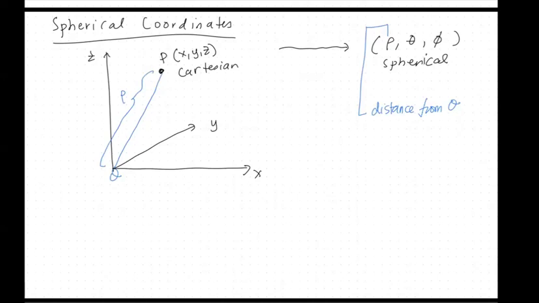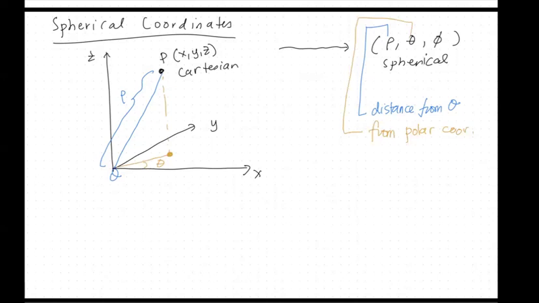If you project this downward, its image is down here, the projection of P in the XY plane. You get this angle, theta. This theta is from your polar coordinates.